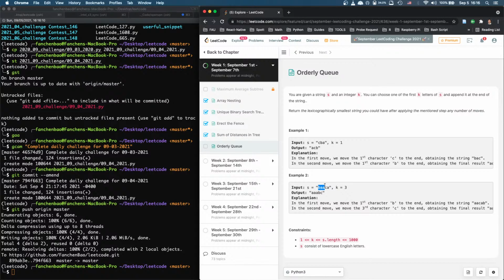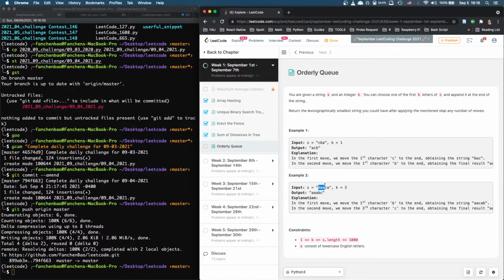It will take however many steps it requires, and once that's done, whatever the order is that's left, no matter how many steps you need to take, we have to push the smallest K letters to the front to make it lexicographically small, right?